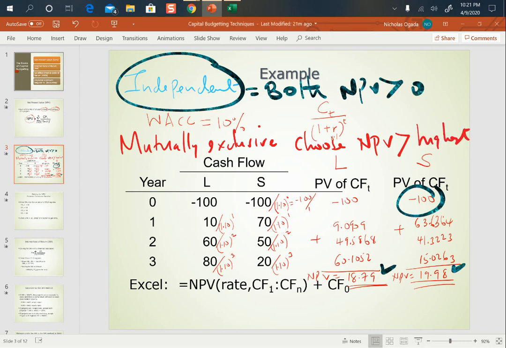In this example, the highest NPV is project S. So you'll choose S if they're mutually exclusive.